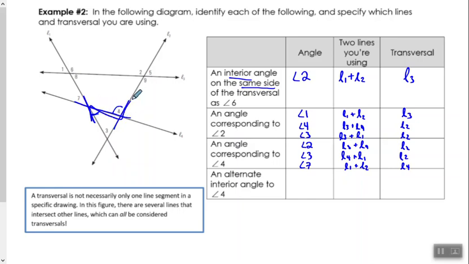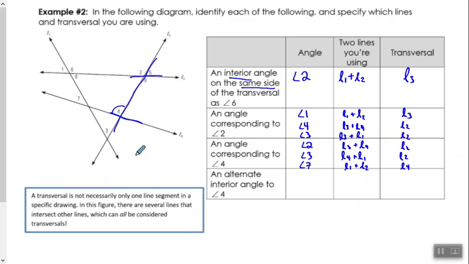So if I look at this Z here, here's one, here's my other one, and it is not a named angle, so that one does not count. Right, so no alternate interior angle there. So taking a look down here, 4 isn't even an interior angle, so those lines won't work. Here, here, here.